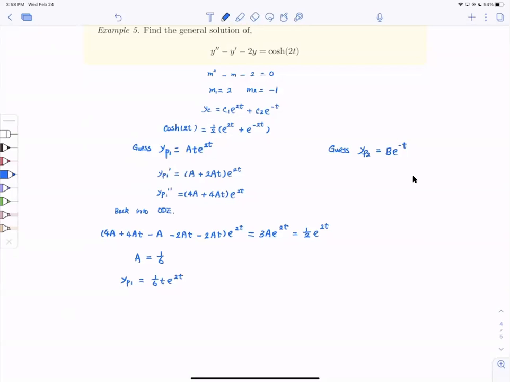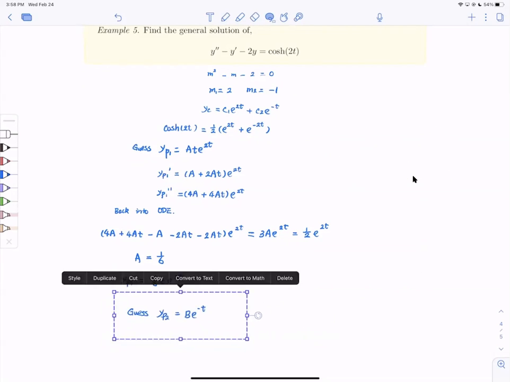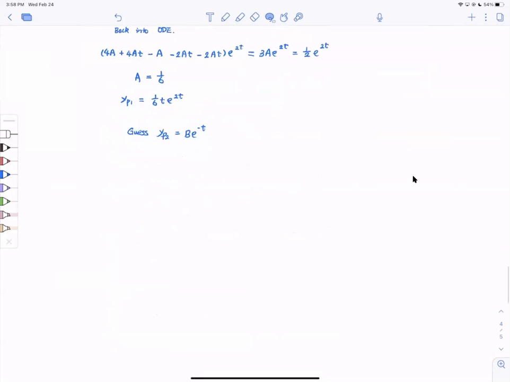And then I solve for yp2. yp2 prime equals negative 2b e to the negative 2t, and yp2 prime prime equals 4b e to the negative 2t. Hopefully I did the calculation correctly.